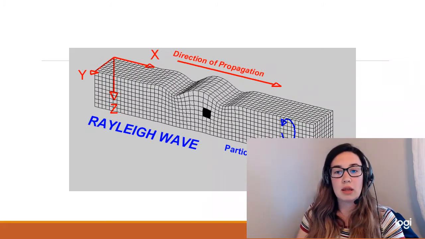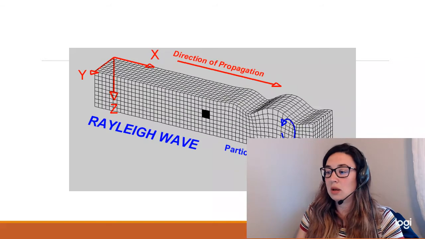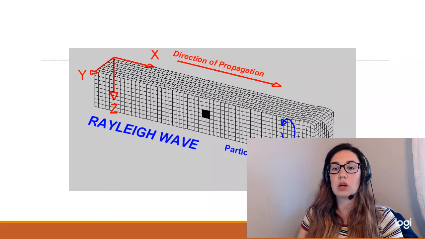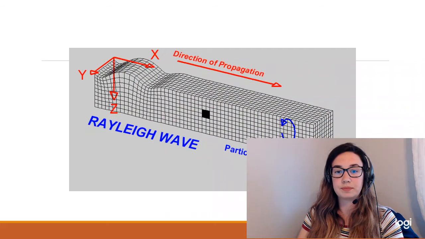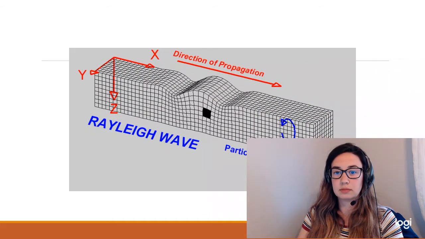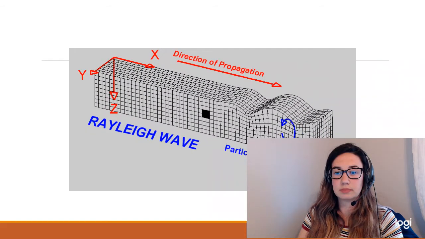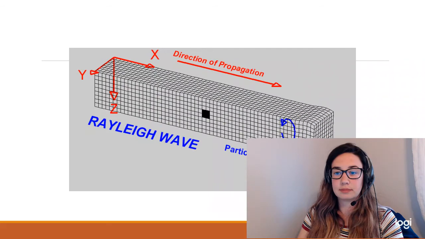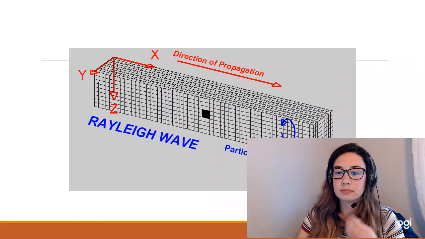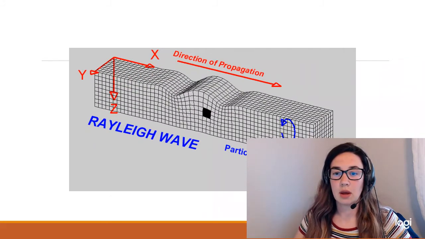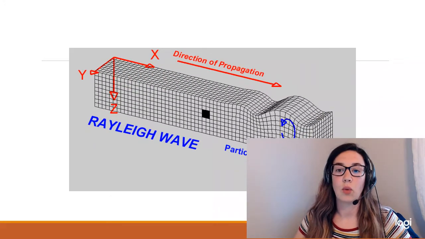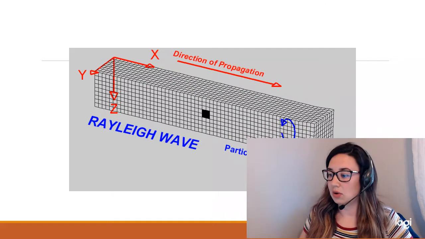I'll let it play once or twice more so you can watch it work and how it might respond. All right, so that's your Rayleigh wave. Okay, so let's move on.